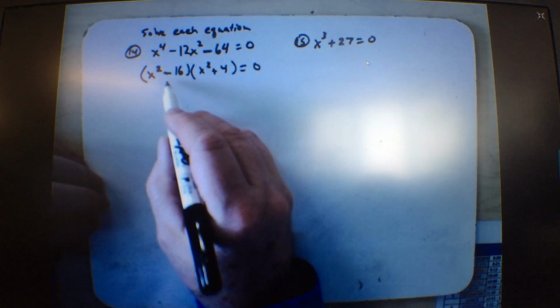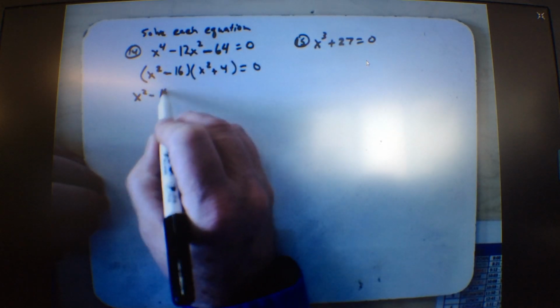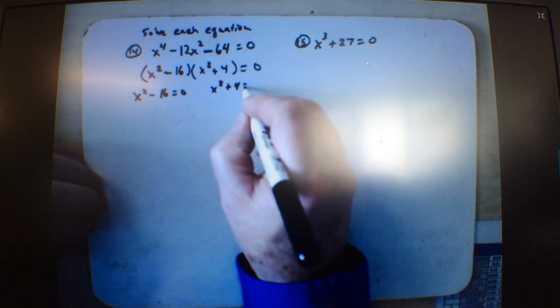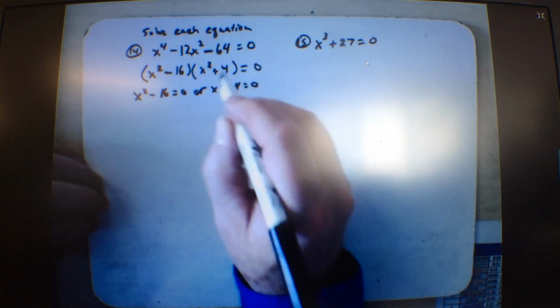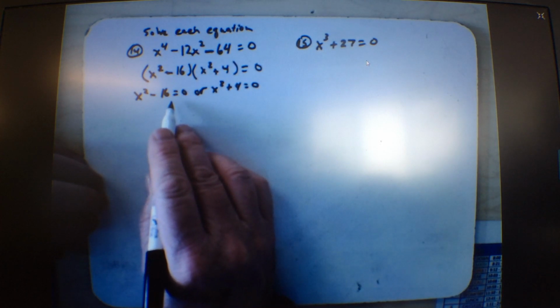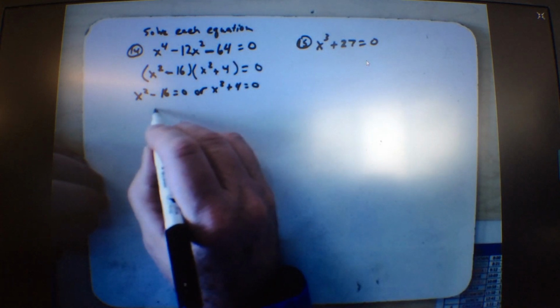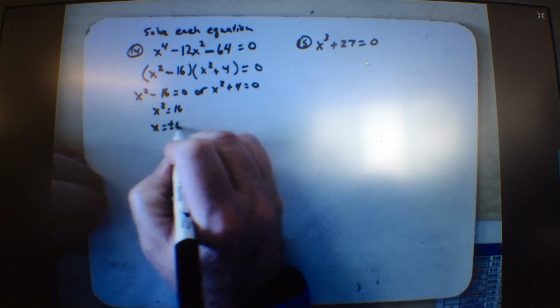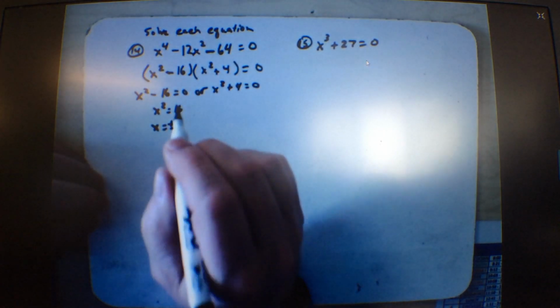All right. Now I set each one of these equal to 0 by the zero product property, correct? Now the big thing is you're going to have a plus or minus. Because when I solve this one, I get x squared equals 16, x equals plus or minus 4, if you take the square root of it.